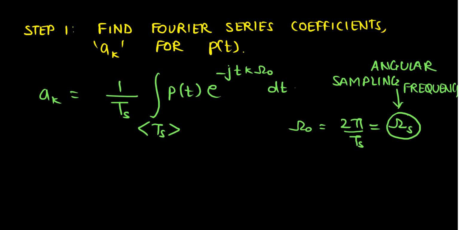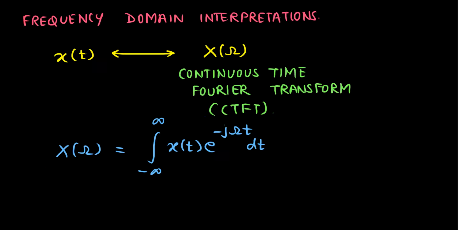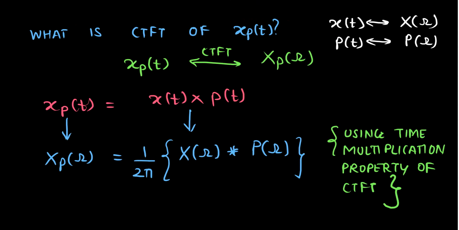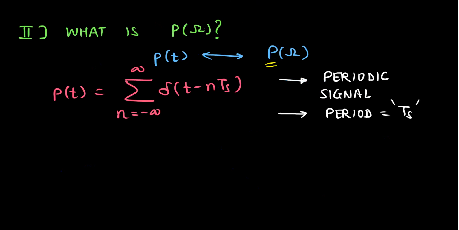So now we have this AK as 1 by Ts. Let us consider the period as minus Ts by 2 to Ts by 2. In this period, P of t has a value of del of t, that is the unit impulse located at t equal to 0.